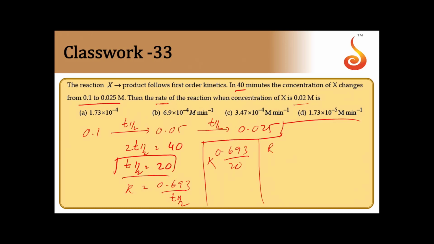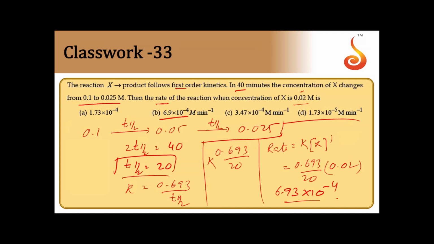Rate is equal to rate constant k into concentration of X to the power of 1, because it is first order kinetics. So rate is 0.693 by 20 into 0.02. Simplifying this, we get 6.93 into 10 to the power of minus 4. This is the answer, option B.